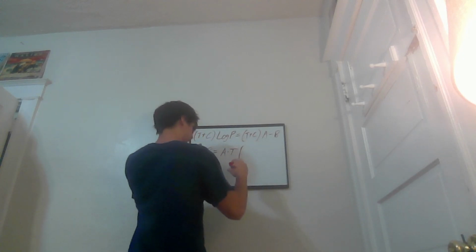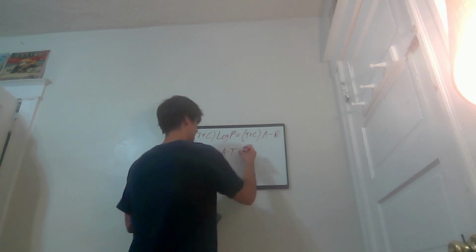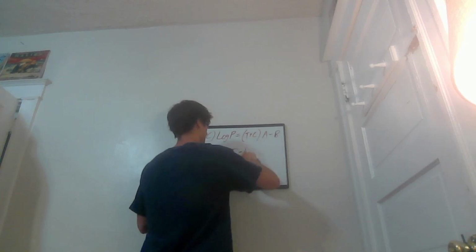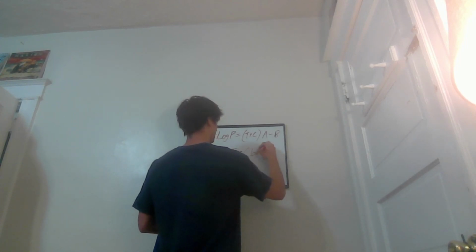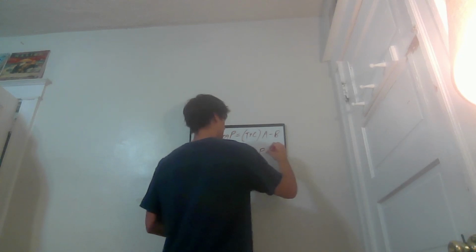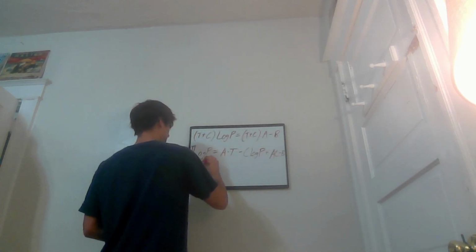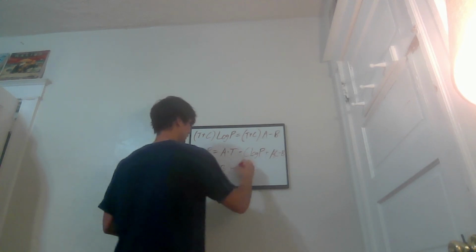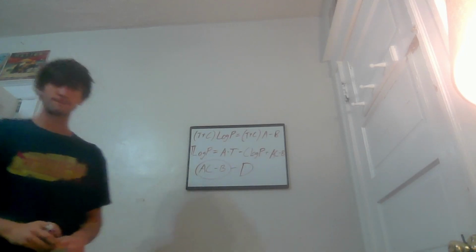Our log P is equal to A times T, up the front, T log P times our A. That's going to be subtracted by our C log P, and then that's going to be added to A C minus B. And we have this A C minus B. This is just a constant that we are going to turn into a D, as you can see.